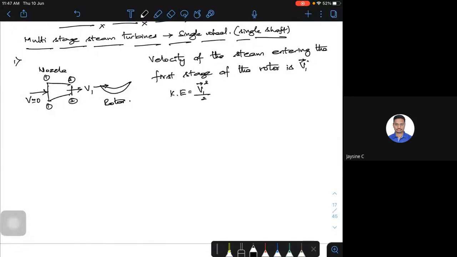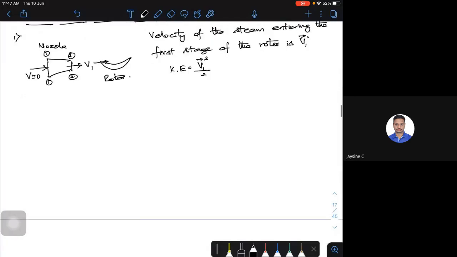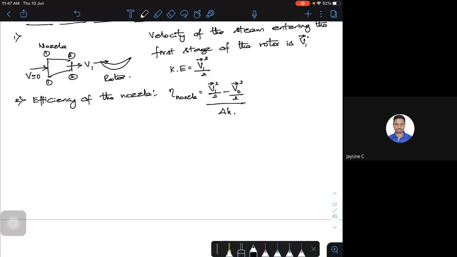The second thing: here the efficiency of the nozzle comes into the picture. The nozzle efficiency is equal to V1 square by 2 minus V0 square by 2, where V0 is usually zero or a negligible velocity, that is the change in kinetic energy, divided by the enthalpy drop.